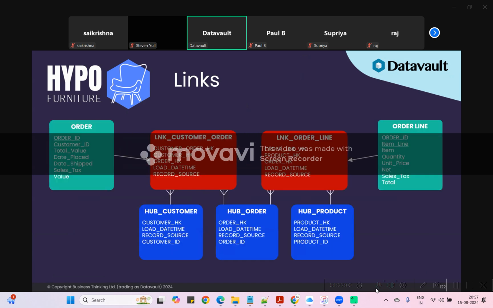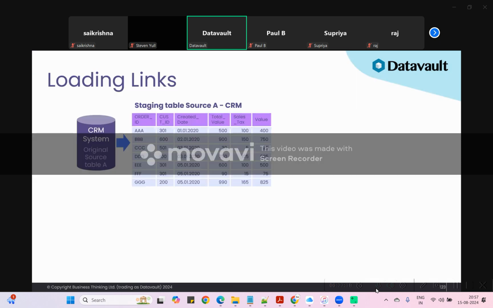So here's our source systems. We found tables where we have information about orders and order lines where both keys are present, so we can use those to help prepare and feed these links. So here's an example. We have our staging table, orders table again from the CRM system.